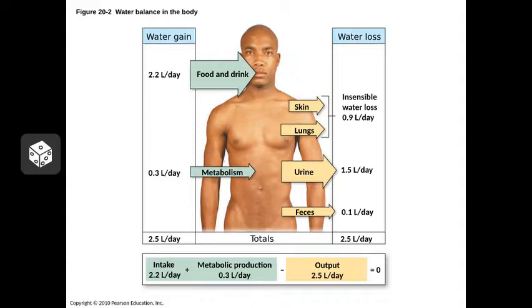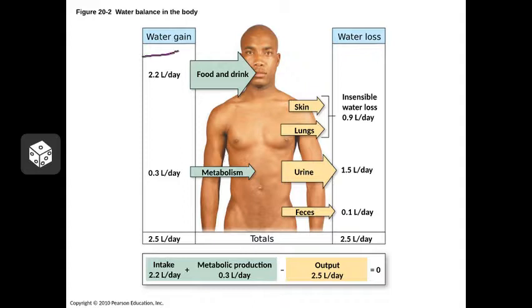Another way to look at it chemically is the amount of reactants has to balance with the amount of the products. So in terms of water, the first case is the best scenario. Intake has to equal outgo.